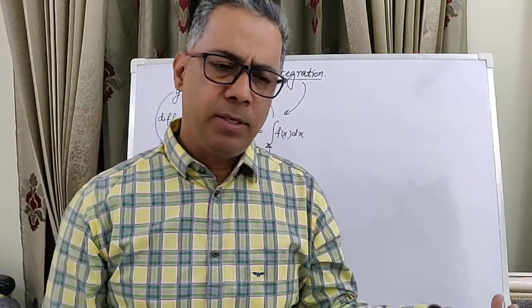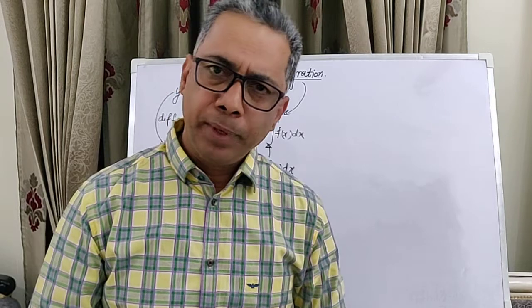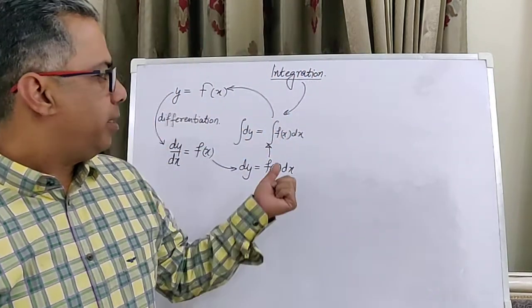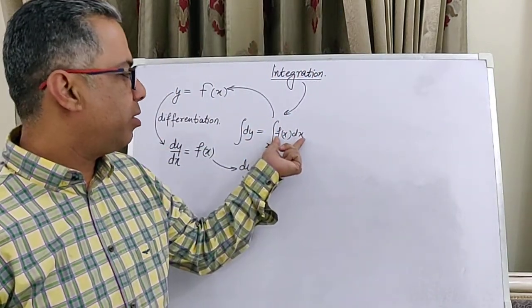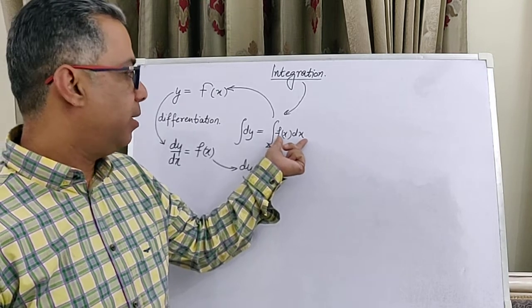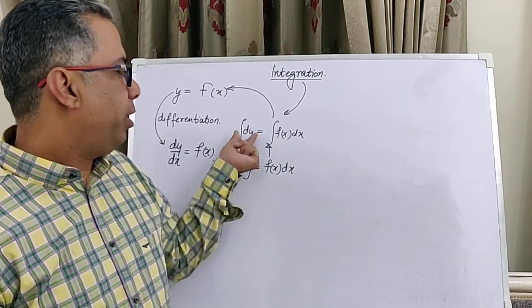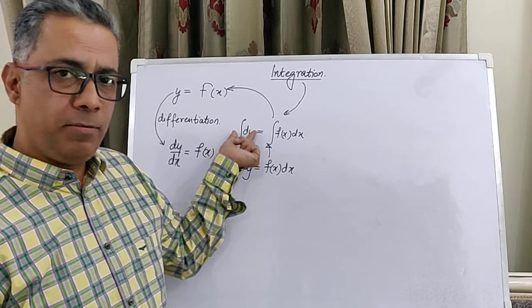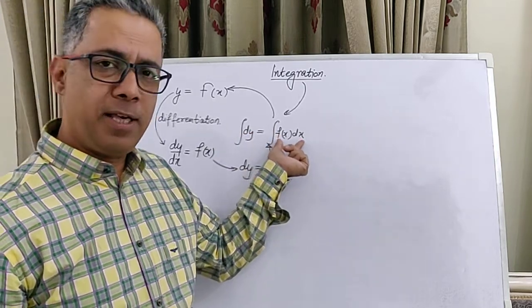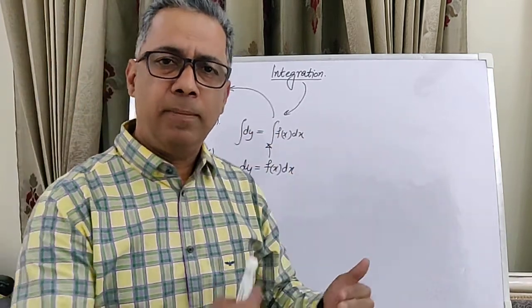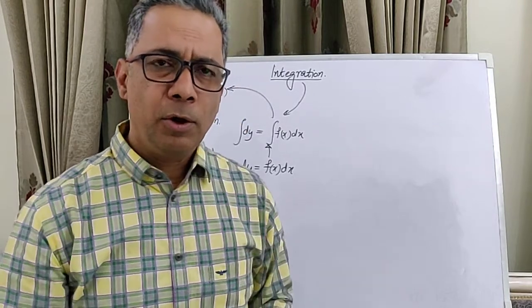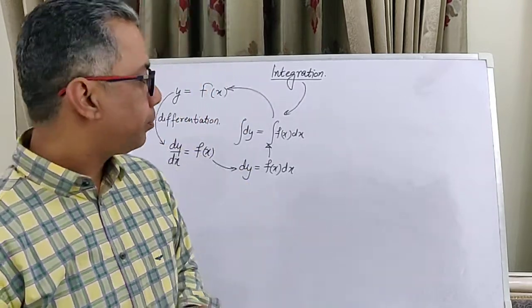So integration is a summation of dy, which in turn tells us that integration is also a summation of f of x dx. Because if we are doing a summation on the left hand side of the equation, the right hand side must also be a summation, because we carry out the same process on both sides of an equation.